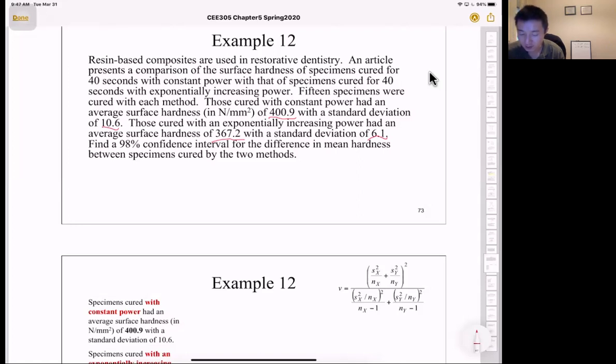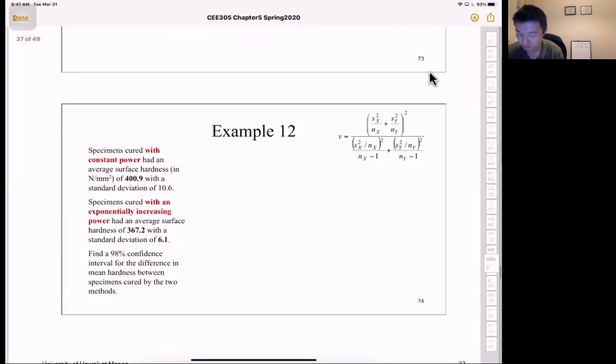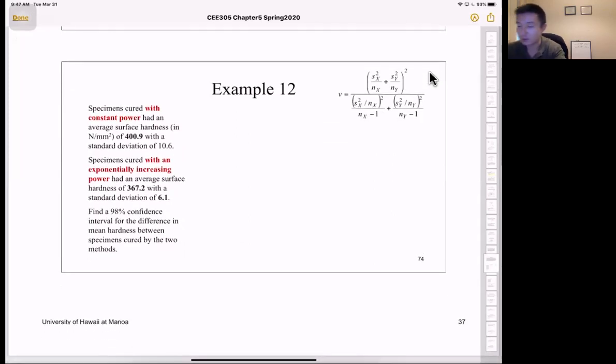This is a confidence interval for the difference between two means, so we're going to use the equation in section 5.6. Let's do it together.